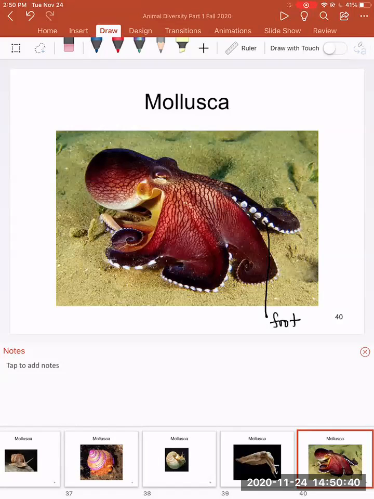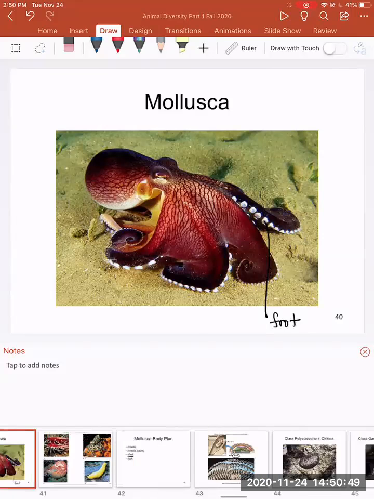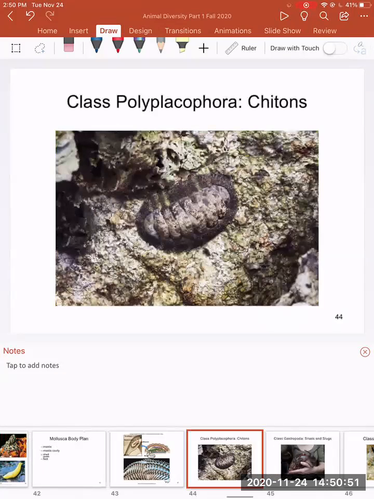An octopus, you can see in the octopus, the foot has really been reduced to just the suckers on his legs. And then if you look at something like a chiton, if you've ever seen these in the tidal zone in San Diego or any kind of tide pools, they really are subject to wave action, water moving in and out.